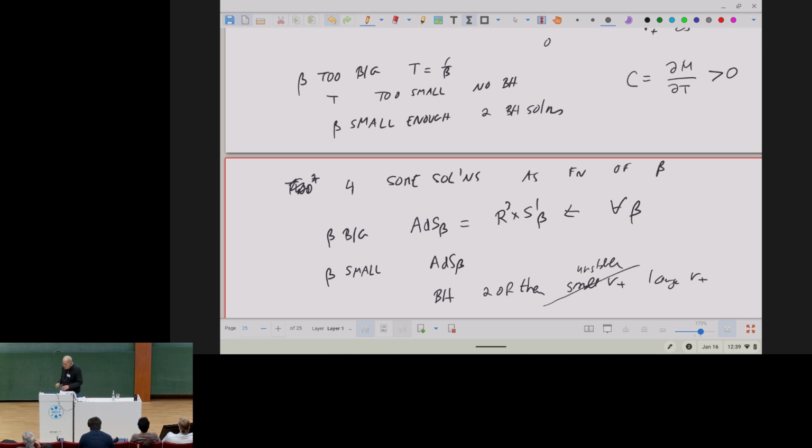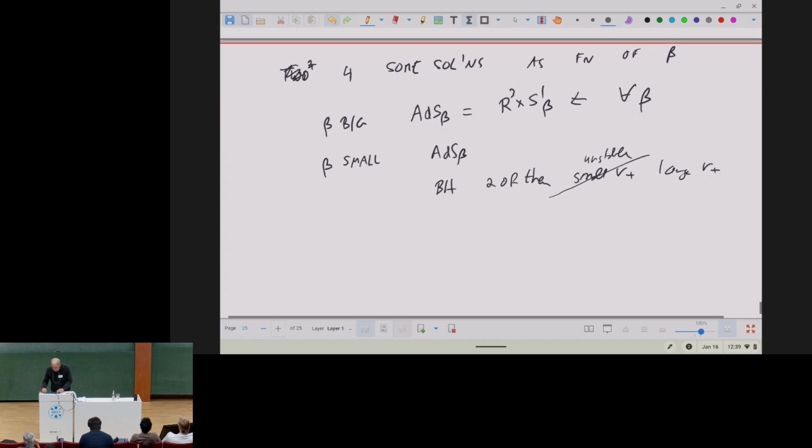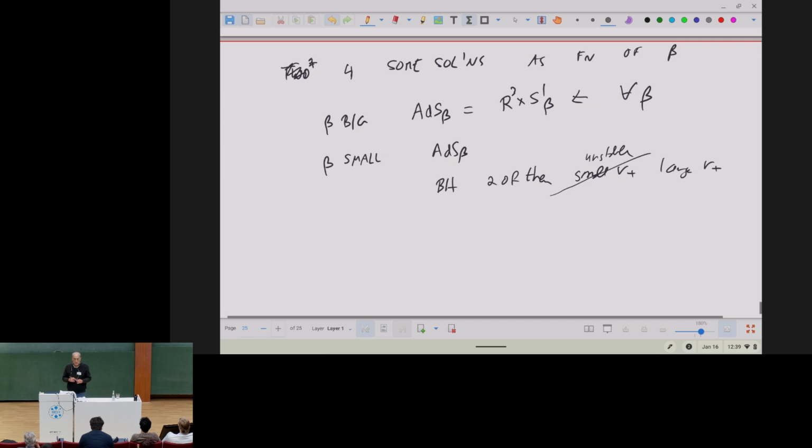To know which one is truly stable, you'd want to minimize the action. So in a certain range of beta, where there are two locally stable solutions, you have to calculate the action of the two solutions and see which one has lower action.